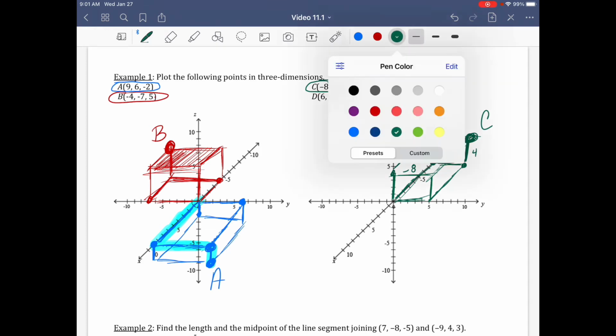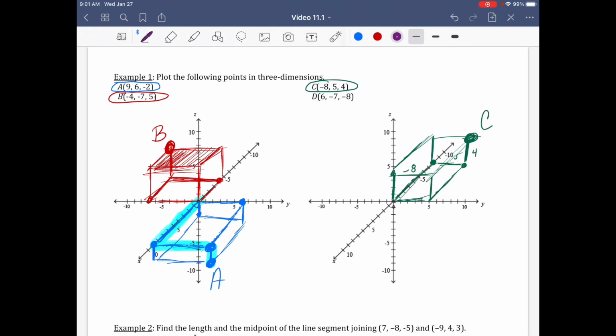And then finally, let's look at how to plot point D. +6 in the x direction. -7 in the y direction. And then -8 in the z direction. Means we're going down 8 from here.